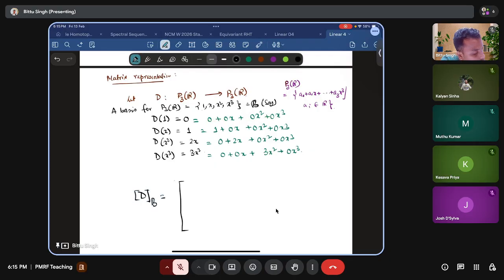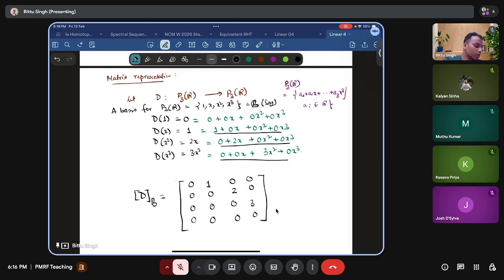The coefficients are 0 0 0 0, then the coefficients of this in the second column, 1 0 0 0, and then this in the third column, 0 2 0 0, and this in the last column, so we get 0 0 3 0.